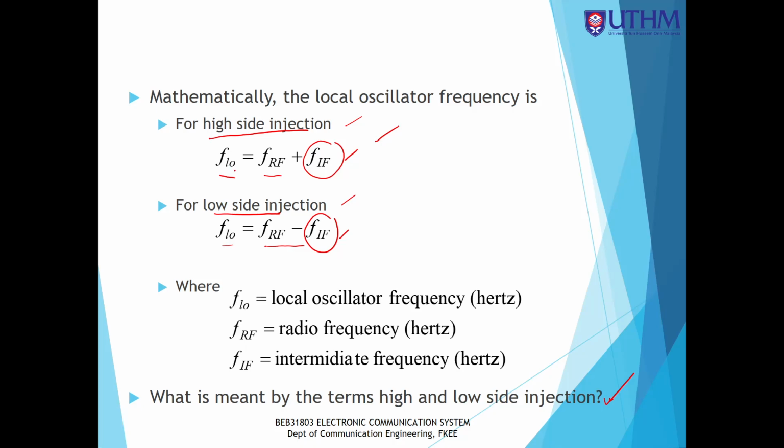For the low side injection, the RF frequency band is higher than the local oscillator frequency. So that is the high side and low side injection. So no problem, tak ada masalah. It's just a matter of concept, the concept of high side and low side. Ideally, normally we use a high side injection.